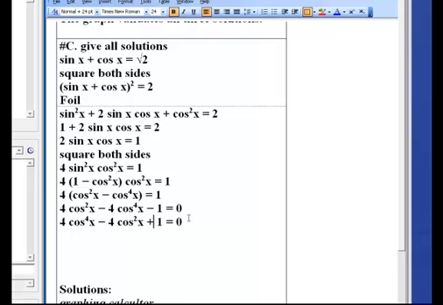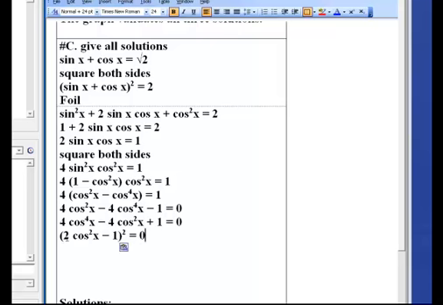So there we go. And now I factor. I recognize that as a perfect square trinomial. That looks as follows: 2 cosine squared x minus 1.